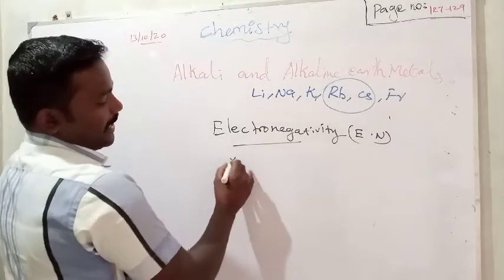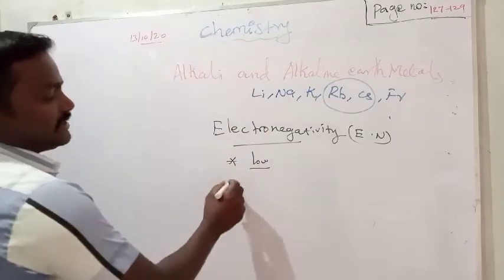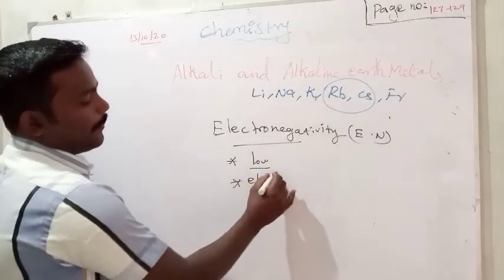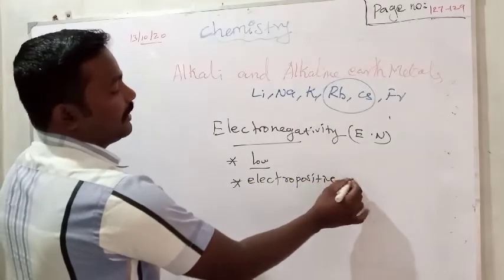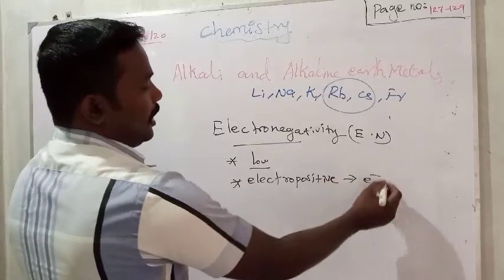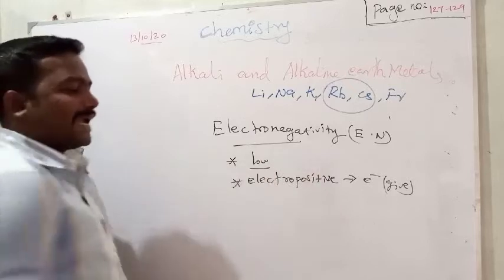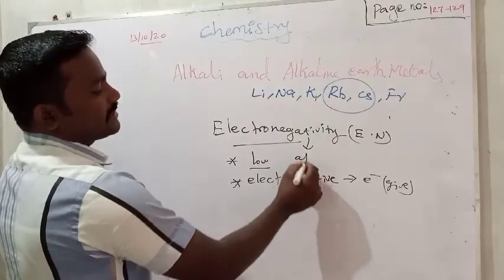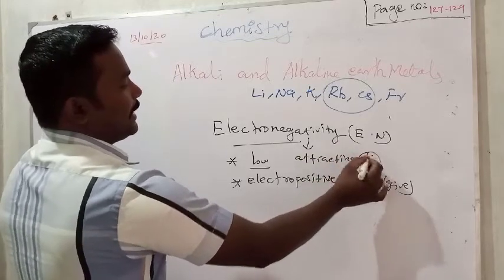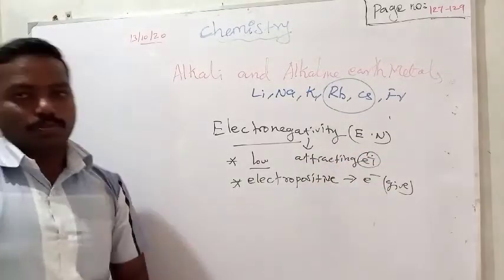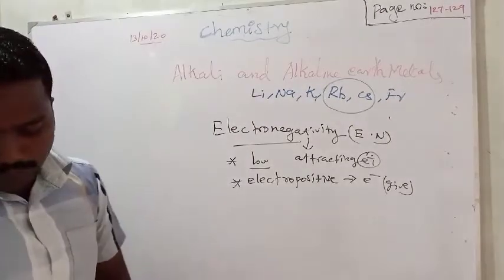Electronegativity of first group elements is very low, because they always show electropositive nature. They will readily donate one electron. It will not attract electrons. Electronegativity means attracting electrons, so electron attraction is very low.